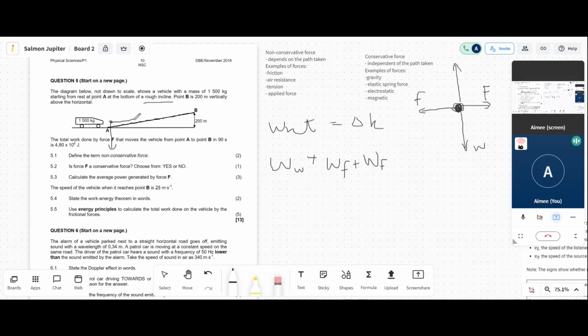So you're going to have to calculate a horizontal component for weight, Wx. Okay. Anyway, and then we just get rid of this, it's in our way.